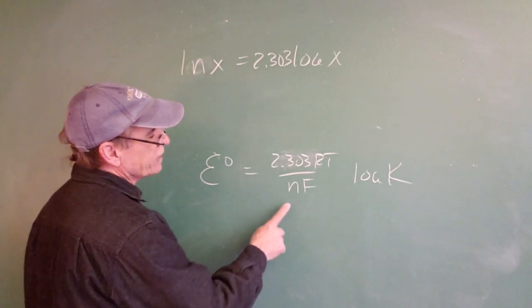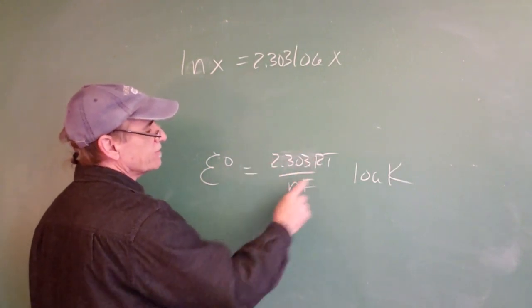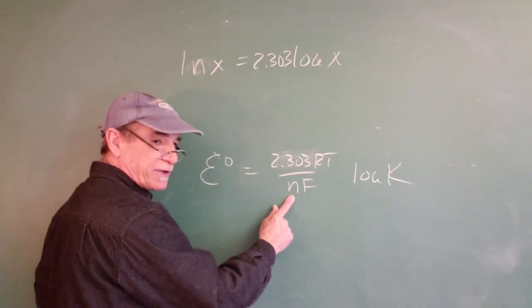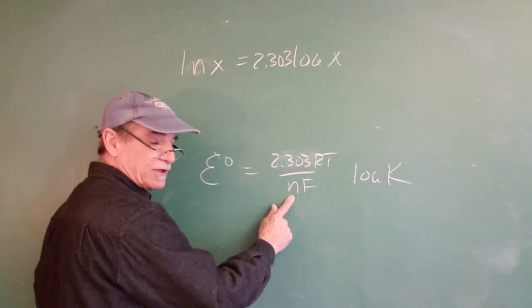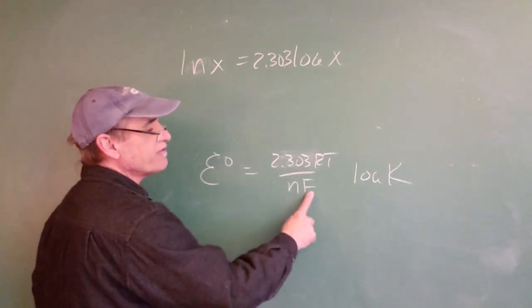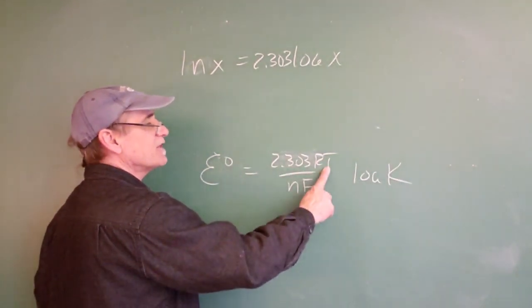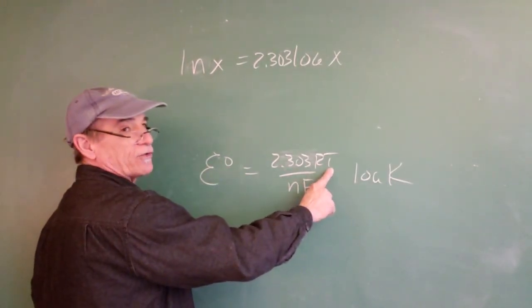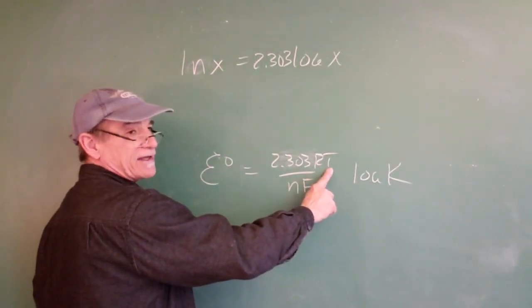All right, so now we're kind of set for at least condensing all of these constants. Now notice something here. The only thing that's a variable in all of this is n. That could change from situation to situation depending on the balanced redox equation. Remember, that's the number of electrons exchanged in the balanced equation. But F is Faraday's constant. The temperature, since we're doing this at standard conditions, is 25 centigrade or 298 Kelvin.